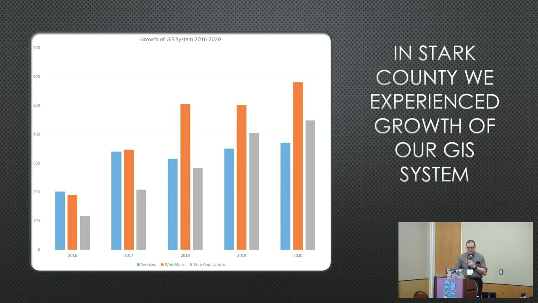As you can see from the chart, if you look at 16 to 17 in the blue services chart, it goes up drastically. But then we started auditing in 2018, and it levels off a little bit and maintains. That's what we're talking about when we talk about maintaining our system and auditing, which we'll get into shortly.